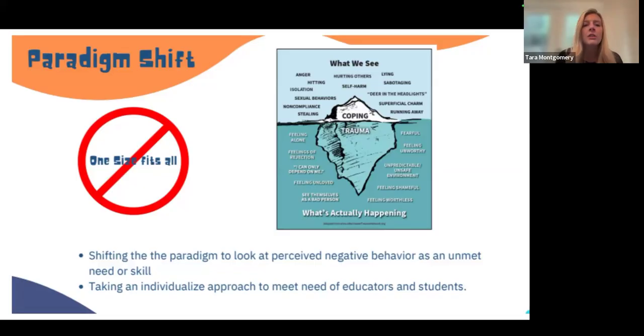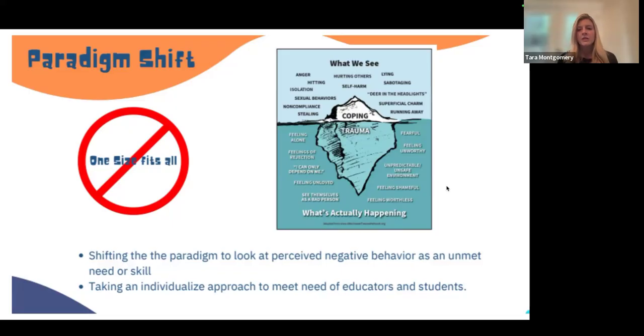Instead of thinking of one size fits all, I'm sure as educators you have seen this in your classroom, where all we see are these behaviors and we don't really see what's actually happening. Why are they hurting others? Why are they angry? Why are they lying? A lot of the time that stems from some sort of trauma.